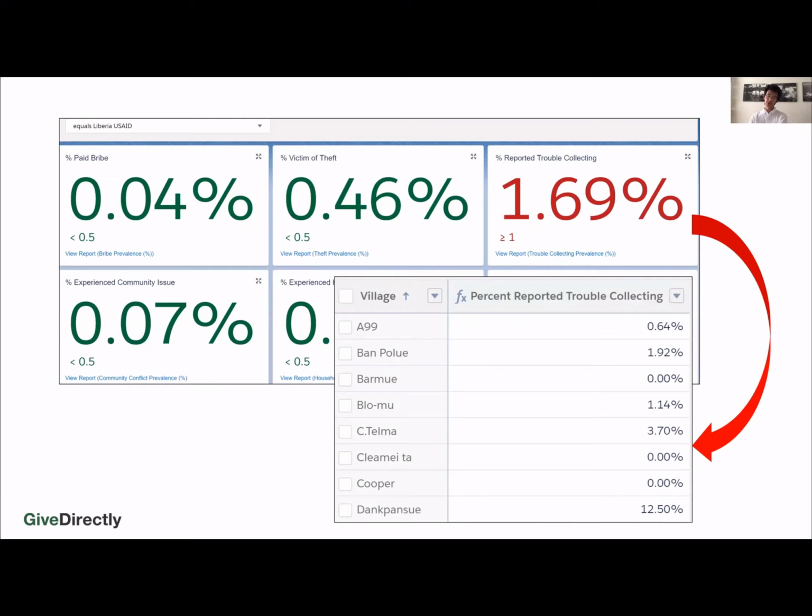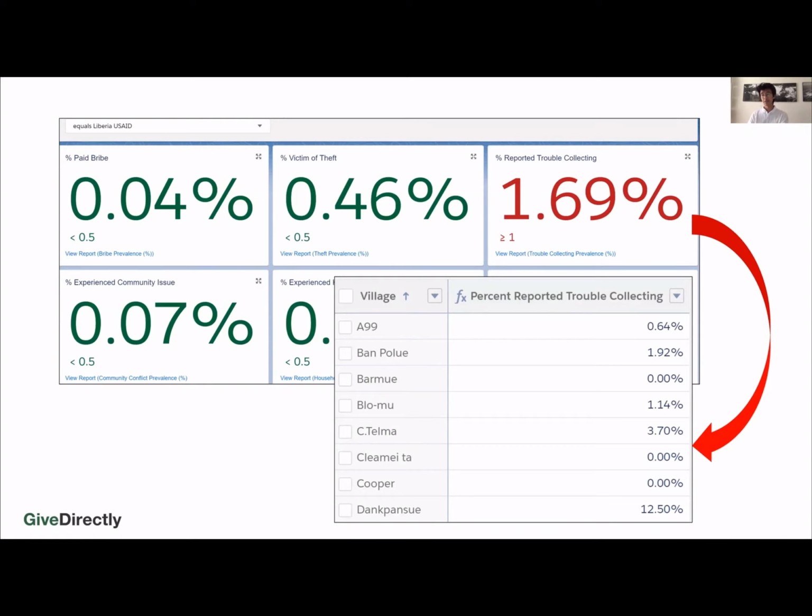So here's now us taking these issues and aggregating it up into aggregated monitoring across our follow-up and hotline systems, right? So a systematic issue, and this was a snapshot point in time from a particular region in Liberia, where we had 1.69%, the top right here, of people reporting that they had trouble collecting their cash.